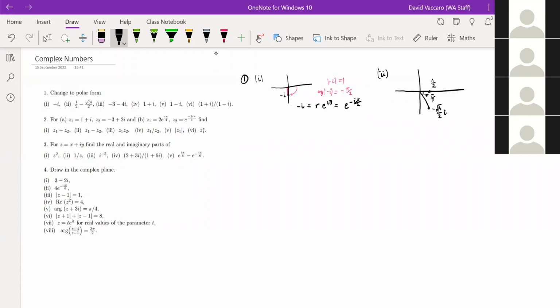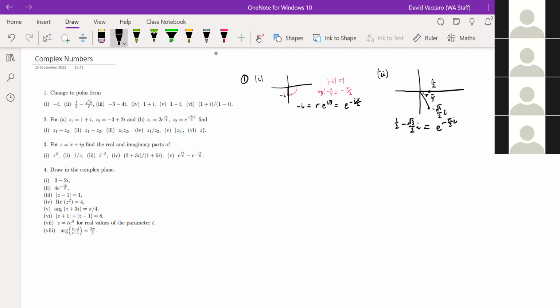So the angle is pi over 3, but the argument is negative because we've gone clockwise rather than anti-clockwise. So 1/2 take away root 3 over 2 i: the modulus, again, we can recognize as 1, or we can use Pythagoras to show that the modulus is 1. And then the arg is negative pi over 3.